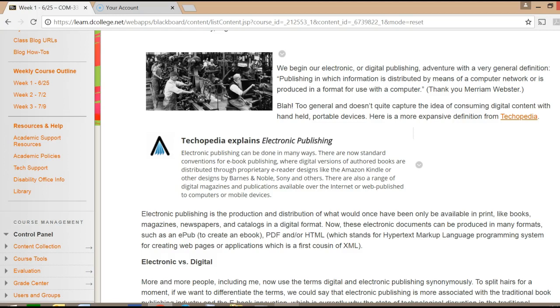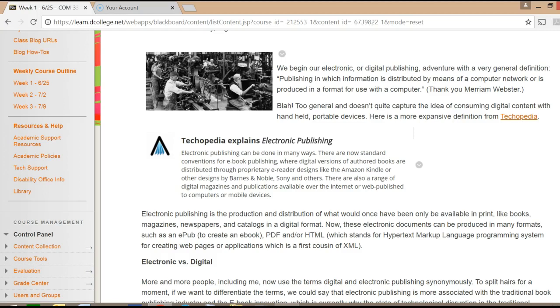There are also a range of digital magazines and publications over the internet or web published to computers or mobile devices. But really, electronic publishing is absolutely anything that would have once been available just in print and now is available online in a digital format, through a device, through your regular computer.